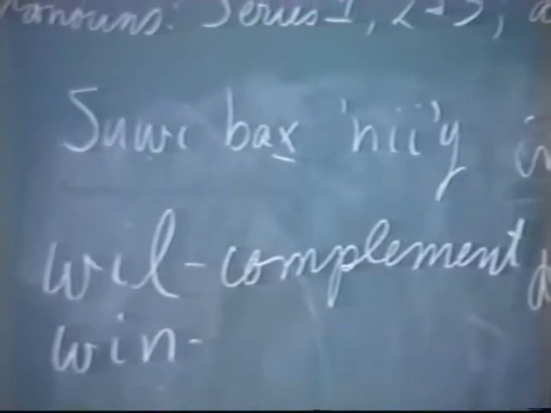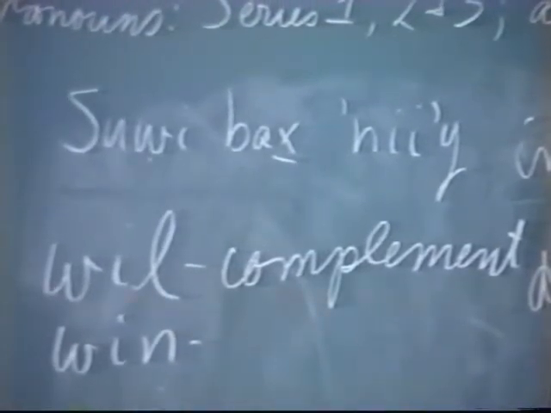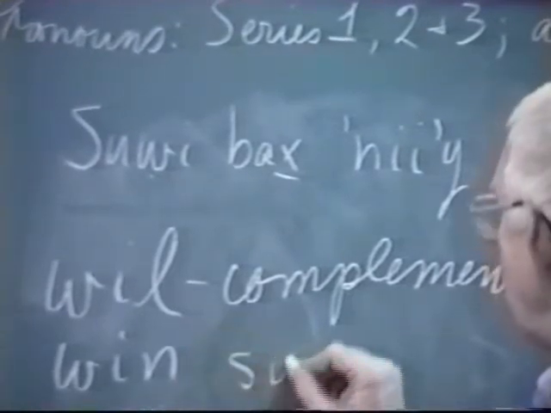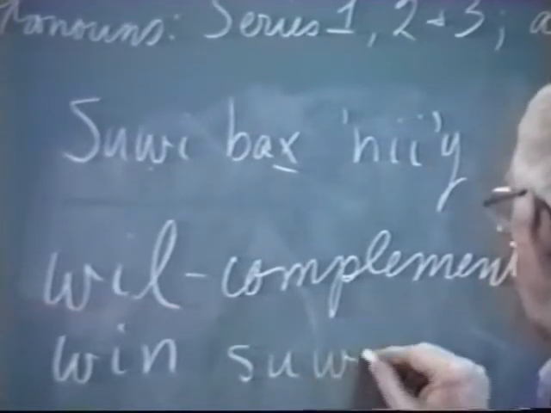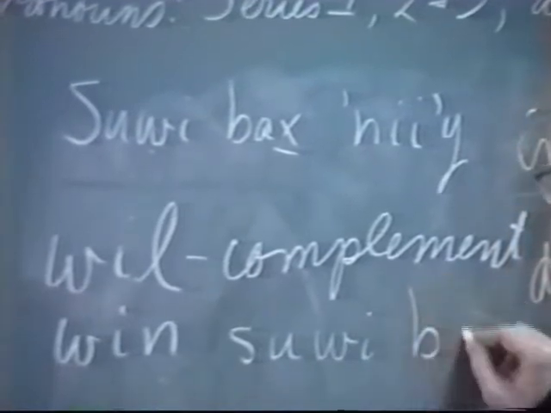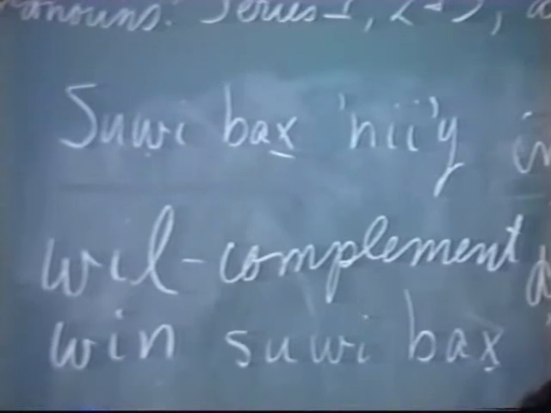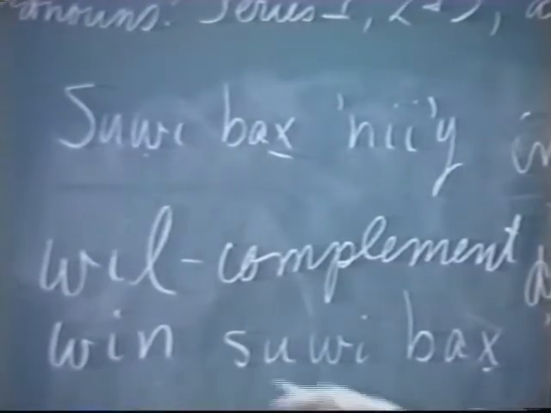It's sort of like when I ran, where I ran, as I ran, even sort of weakly because I ran, as a result of my running. Can I just take the sui bachni and just stick it after there and say win sui bachni?